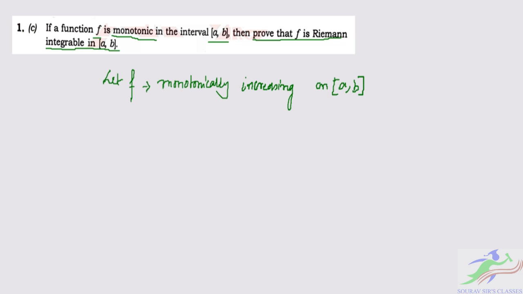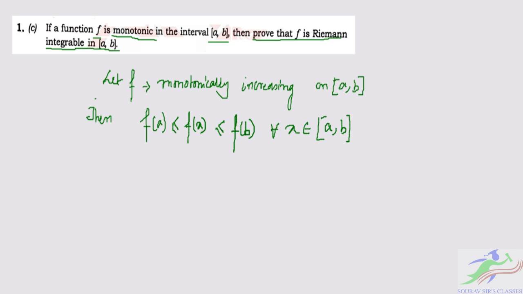Then we have f(a) less than or equal to f(x), so the range of f(x) will be f(a) less than or equal to f(x) less than or equal to f(b), for all x belonging to the closed interval a comma b.